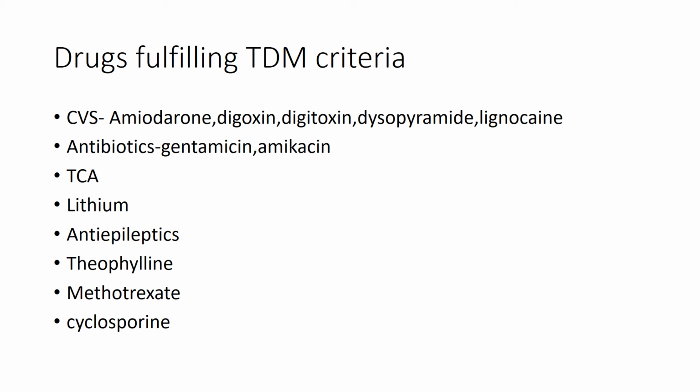Coming to antibiotics, gentamicin, amikacin, tobramycin will benefit. Antidepressants like tricyclic antidepressants, mood stabilizers like lithium, anti-epileptic drugs like phenytoin, phenobarbital, benzodiazepines, carbamazepine, valproic acid and ethosuximide, and bronchodilators like theophylline. Cancer chemotherapy, that is methotrexate, and immunosuppressors, that is cyclosporin. So these are the drugs which will benefit from a TDM.